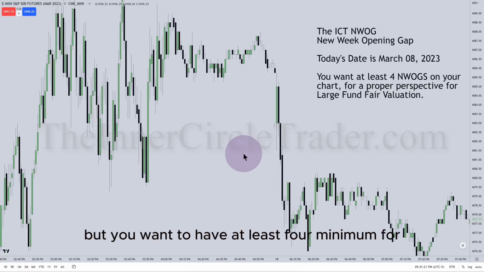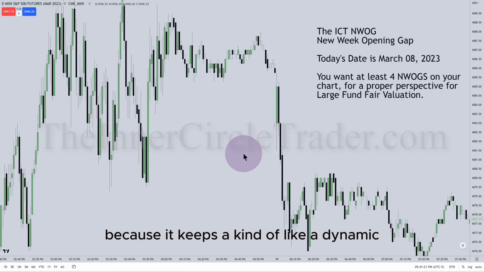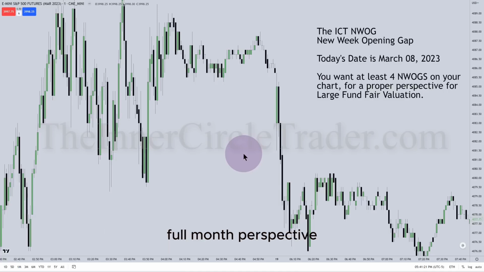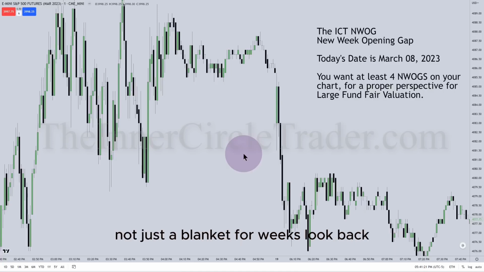But you want to have at least minimum four new week opening gaps on your chart for proper perspective of large fund fair valuation. I like to have 5 because it keeps a kind of dynamic full month's perspective. So that way it gives you a little bit of an overlap, not just the blanket 4 weeks look back.